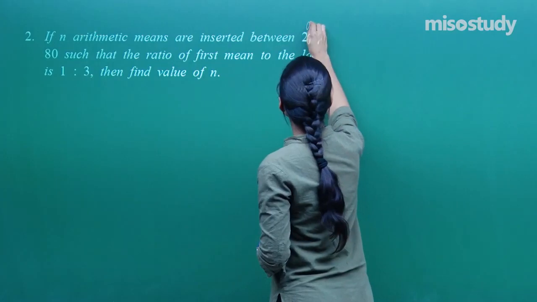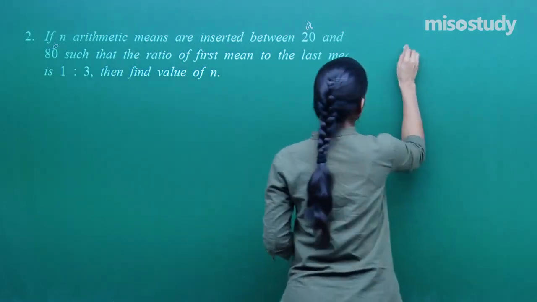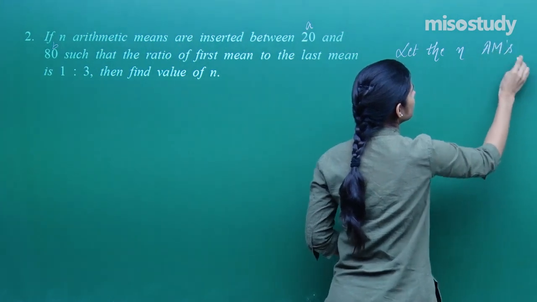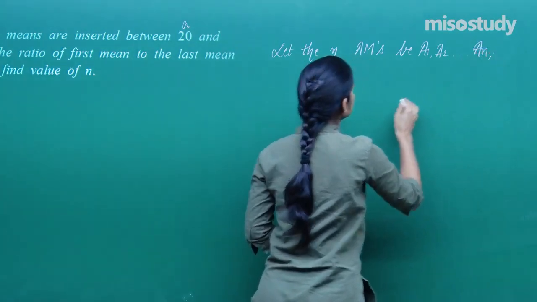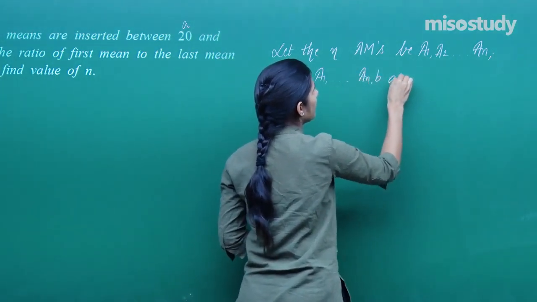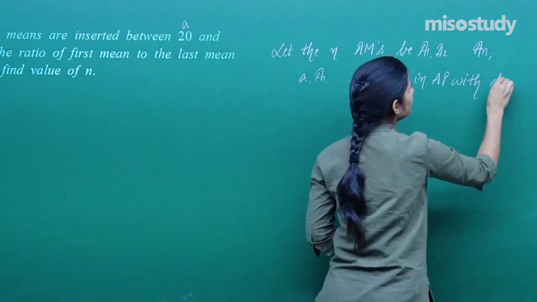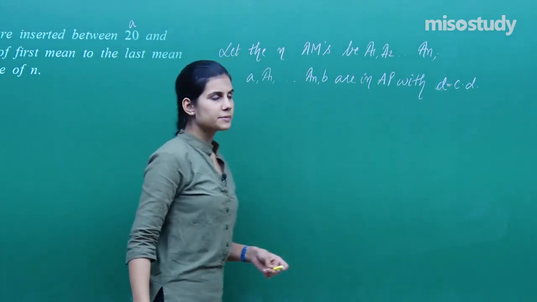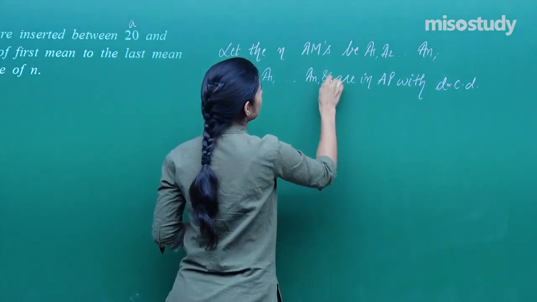Now I am taking this 20 as A and 80 as the quantity B. In this situation, let the n arithmetic means be A1, A2 and so on up to An, such that A, A1, and so on up to An, B are in AP with common difference D. A I have taken as 20 and B is given to me as 80.